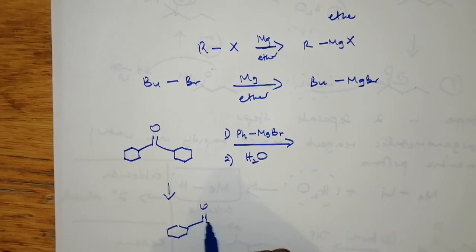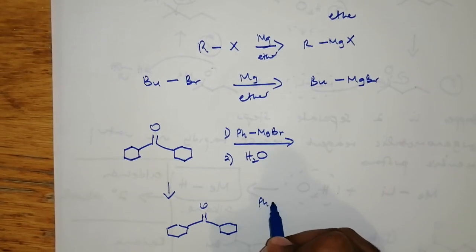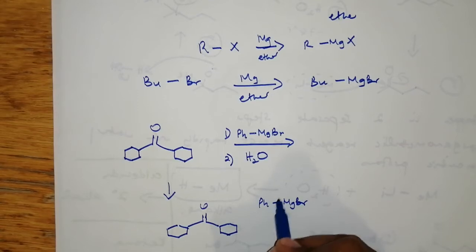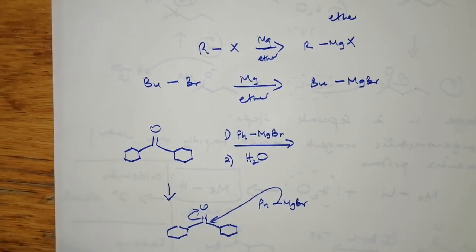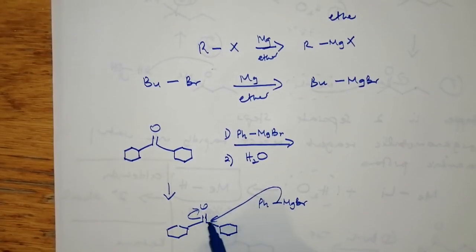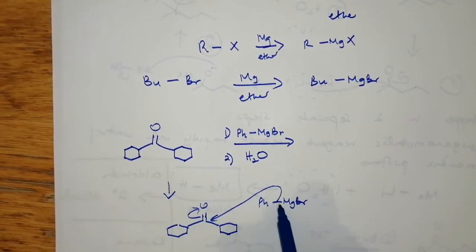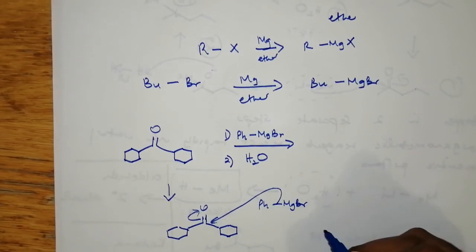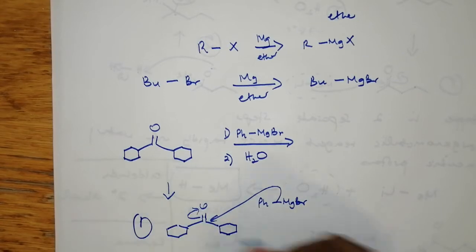It's going to be like this, Ph-MgBr. This is the first step. This is going to attack here, right? In other mechanisms it might go directly to this, just to show that it is actually coming to the electrophilic site. This is the first step.